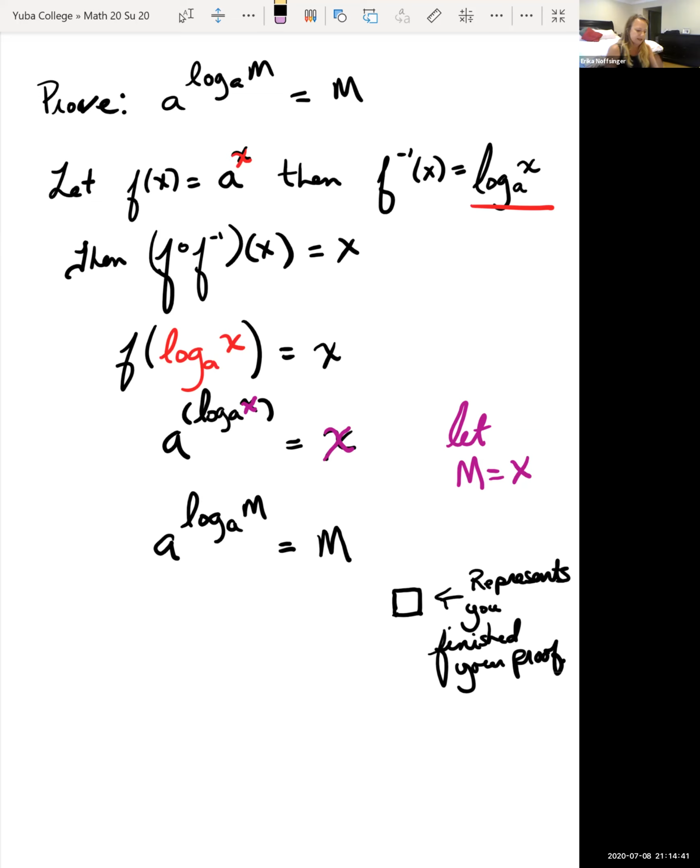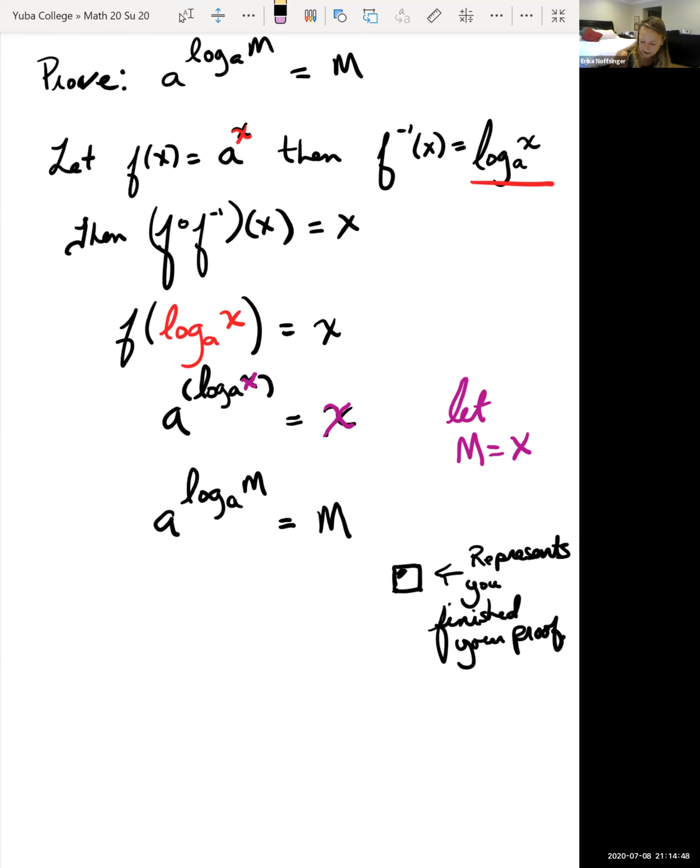Your book does use it. Their square is filled in. So that could be nice too.